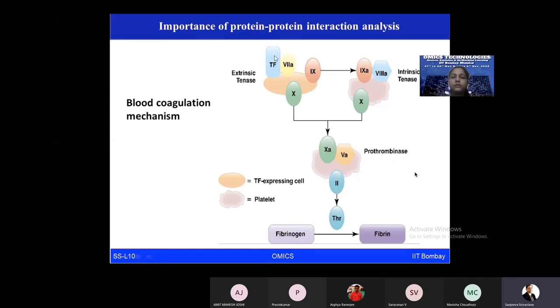So this is the extrinsic tenase complex, and this is how the blood coagulation pathway takes place in the body. We can see how the proteins come together and form a complex, and only then do these pathways regulate in the body.